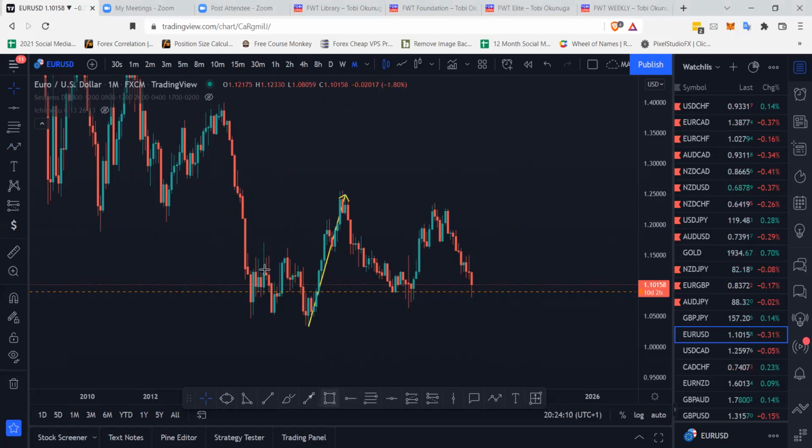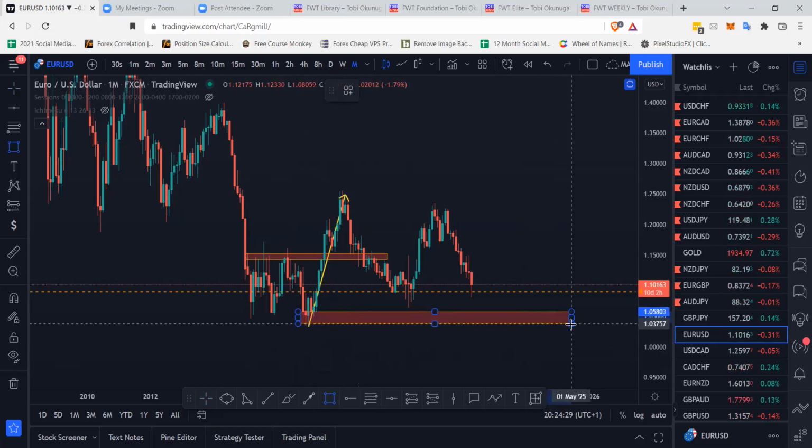Okay, it broke this structure, right? And when a move breaks structure, that validates a demand. So this is a demand zone here. Drop, base, rally. Okay.